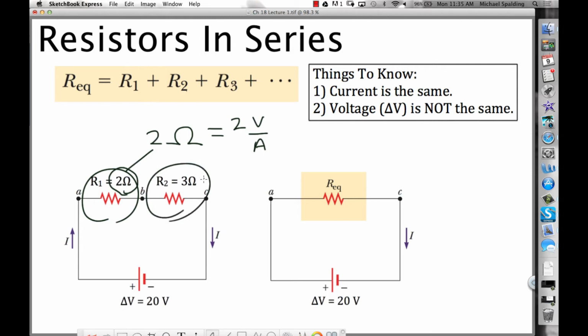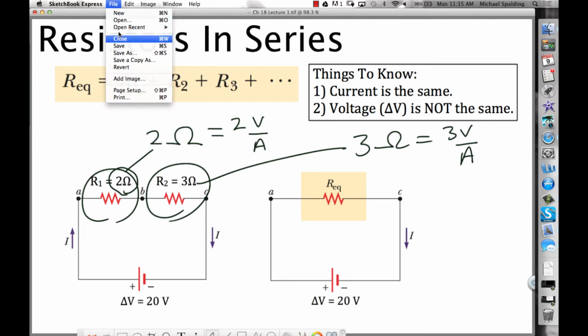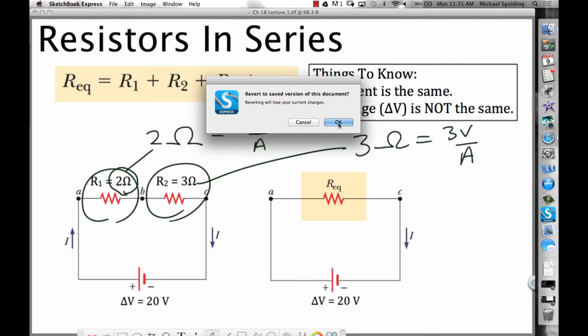What would 3 ohm mean? 3 ohm means you need 3 volts to get 1 amp. It's 3 volts per amp. So as the resistance goes up, you need more voltage to get 1 amp of current. That's the ohm, which you're going to use.